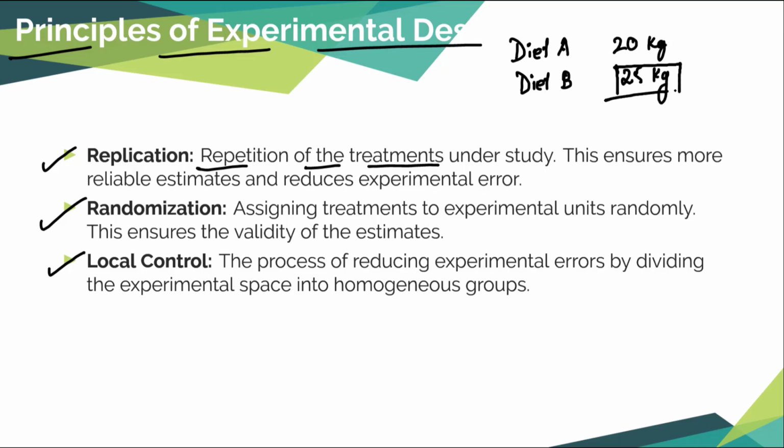So we have only a single observation from both treatments. From a single value we cannot compare two treatments. It is not possible. That's why we collect more than one observation per treatment.